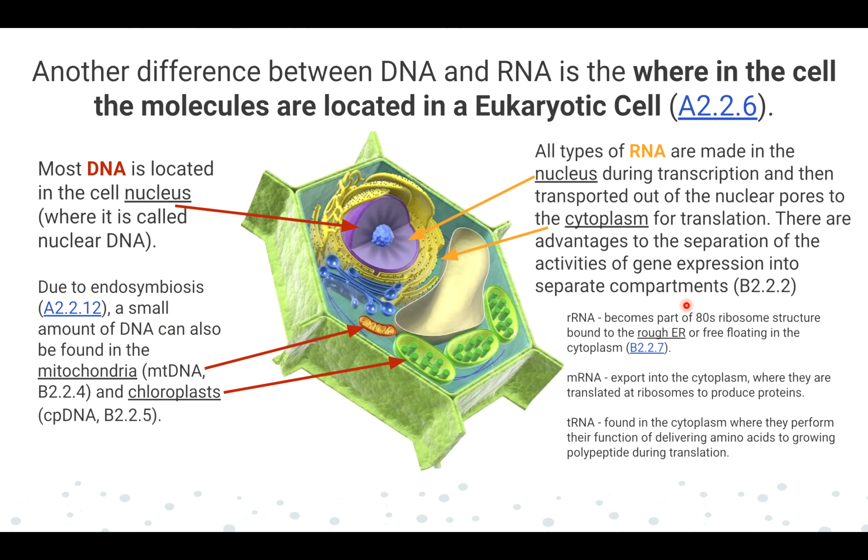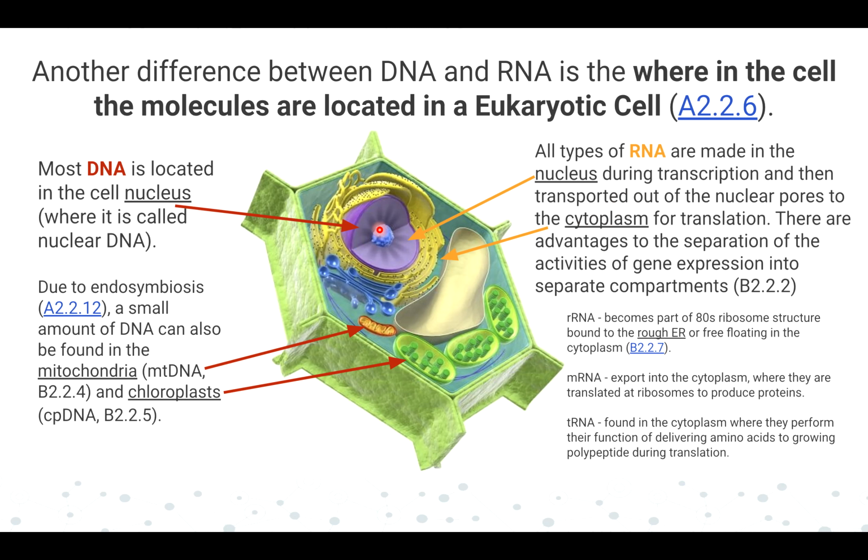Next, a very fundamental difference is, most DNA is confined to the nucleus, but there is DNA present in cell organelles also, like mitochondrial DNA, which is present in mitochondria, and chloroplast DNA, which is present in the chloroplast. But there are RNA molecules which are only present in the nucleus.